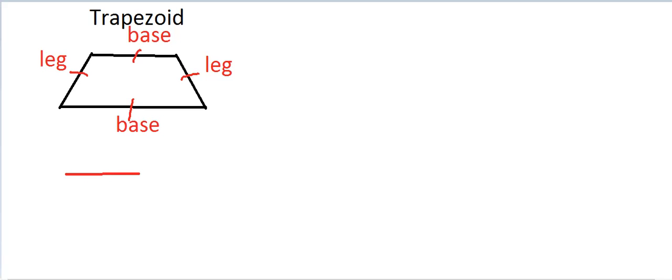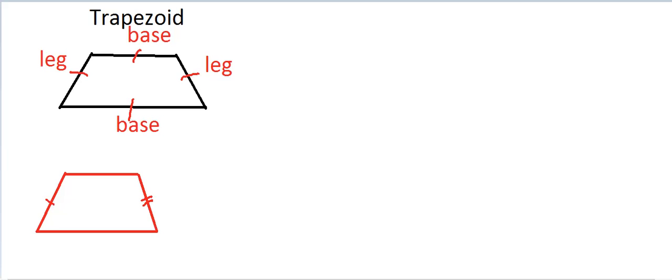Let me draw first a trapezoid. Say this is an isosceles trapezoid, meaning the legs are congruent, so they have the same measure. The legs are equal.